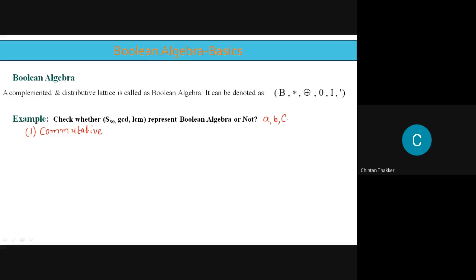So if we take A, B, C belongs to S30, then A star B is the GCD of A, B, and A ring sum B is the LCM of A, B. Now for the commutative property, if we take A star B, then it is the GCD of A comma B. Now GCD of A comma B can be written as GCD of B comma A. The GCD of 2 comma 6 is the same as GCD of 6 comma 2.